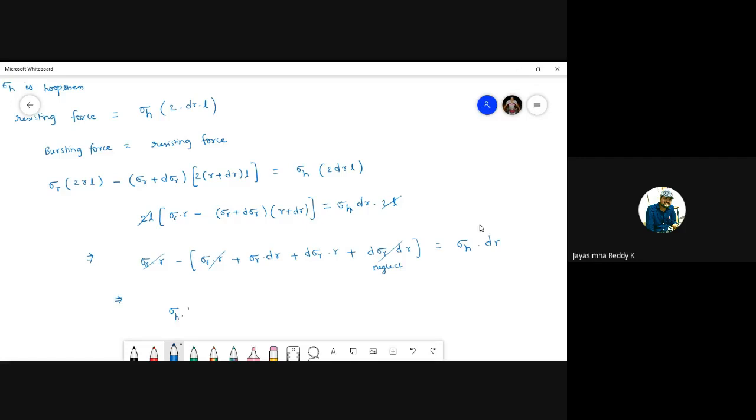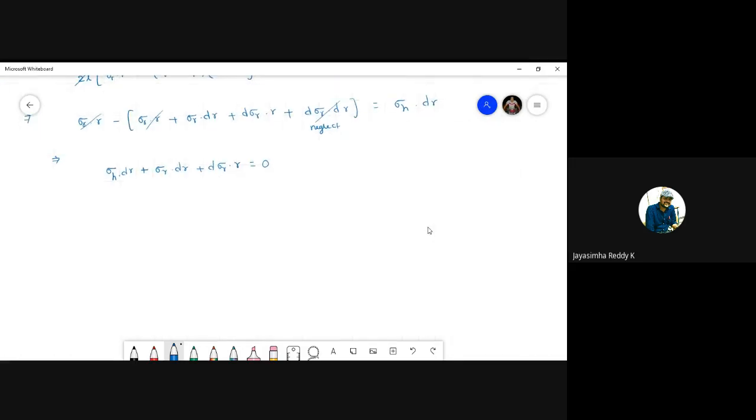Sigma H into dr, plus sigma R into dr, plus d sigma R into R is equal to 0. Now divide with dr on both sides, students.